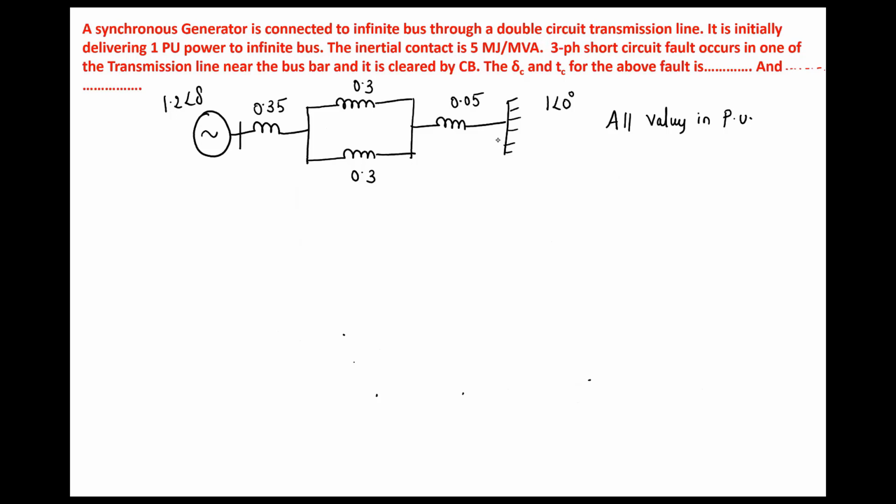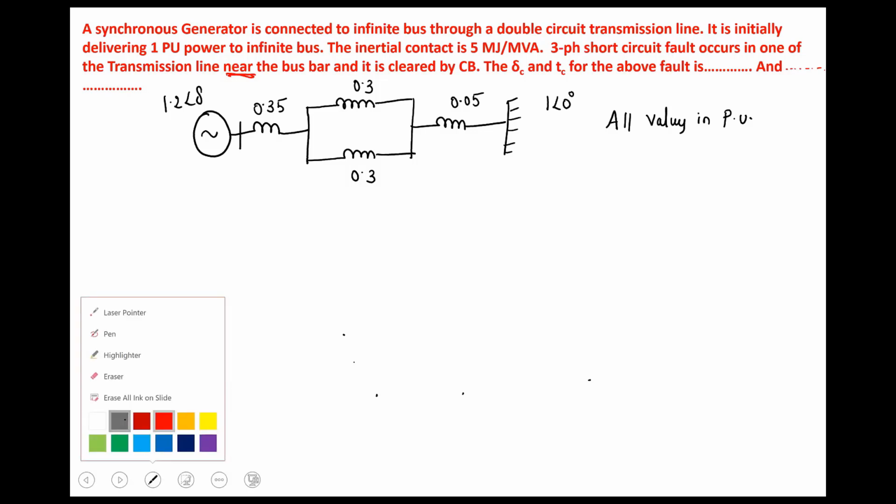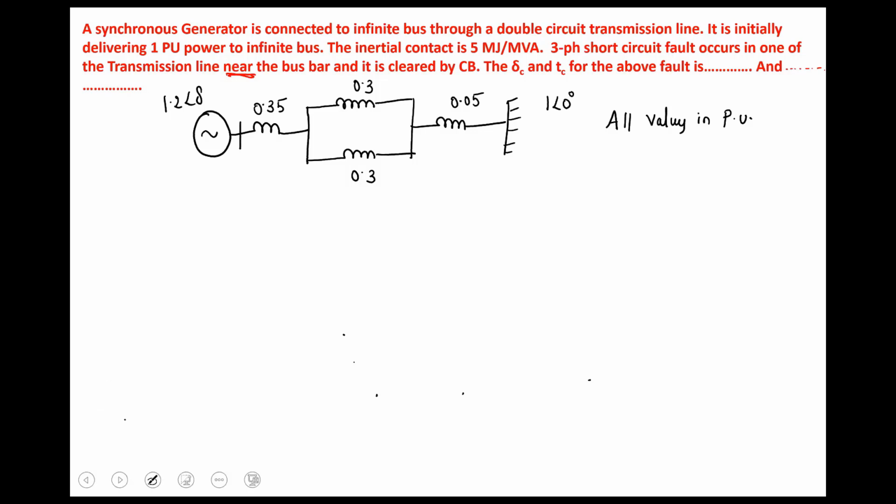A three-phase short circuit fault occurs in one of the transmission lines near the bus bar, not at the bus bar, and it is cleared by the circuit breaker. The critical clearing angle and critical clearing time for the above fault is. Understand? So he is asking both critical clearing angle and critical clearing time.